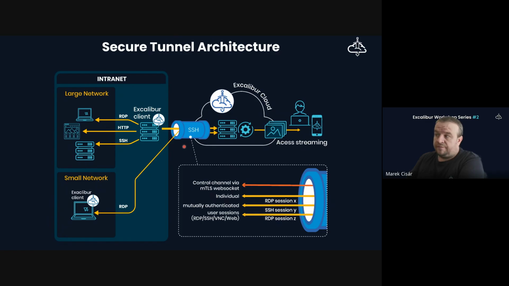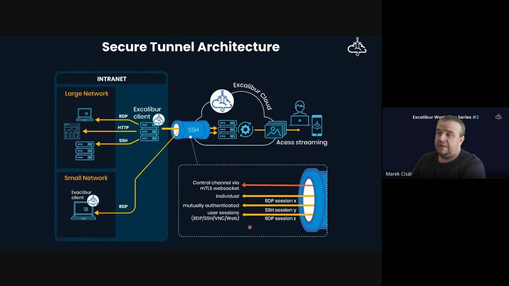That connectivity or session connectivity is being tunneled by the existing connection between Excalibur client and Excalibur cloud. And all of those details you can see down below on this part of the picture.